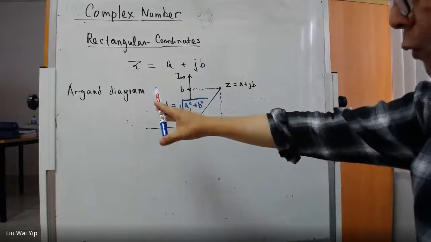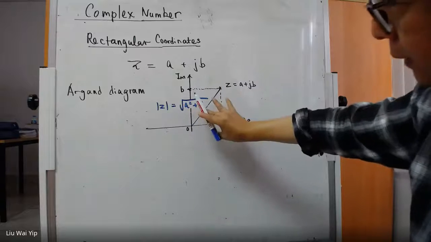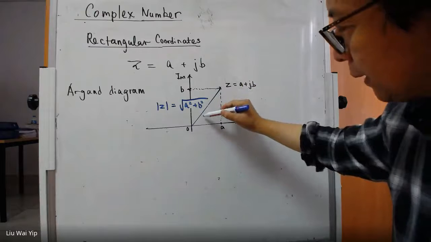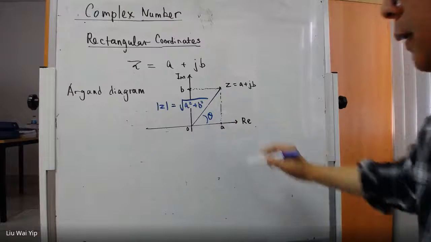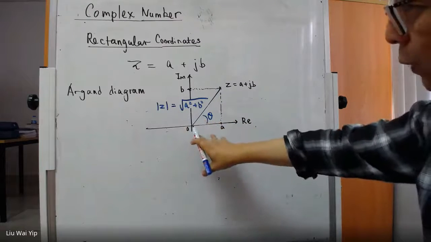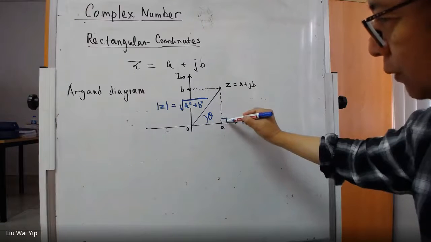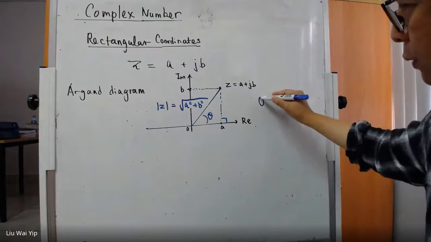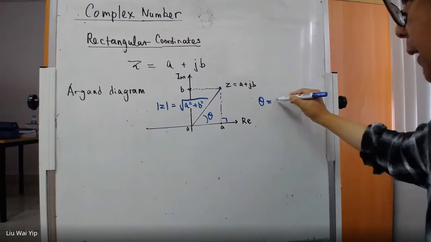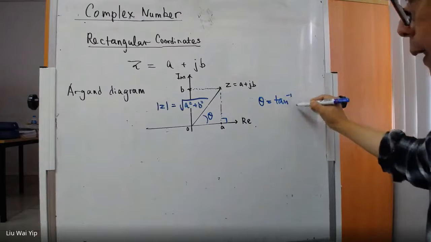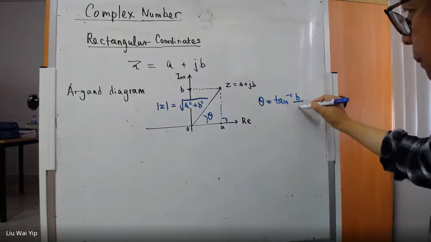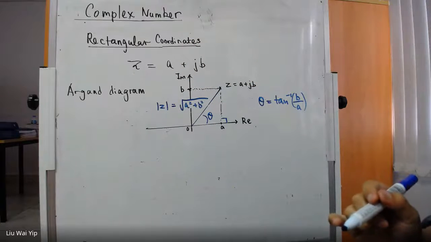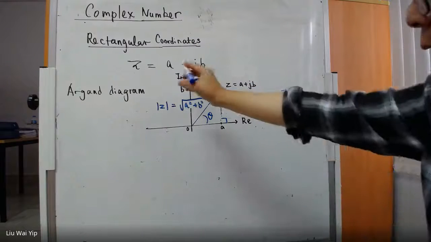In the Argand diagram, we can extract the absolute value of Z, and we can also extract the angle. According to this diagram, because this is a right-angled triangle, theta will be equal to arctangent of B divided by A. B is the imaginary part of the complex number, and A is the real part.